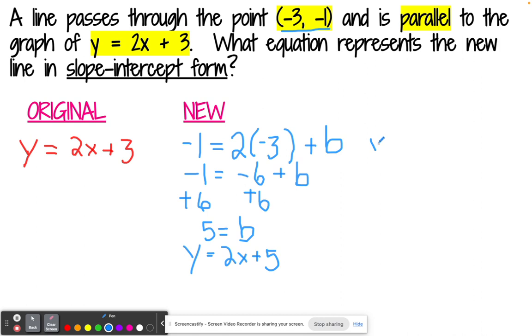We've done y minus y, so y minus negative 1, it becomes y plus 1, equals m, which is 2, times x minus negative 3, which becomes plus 3.